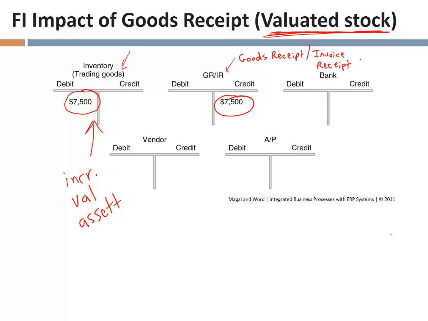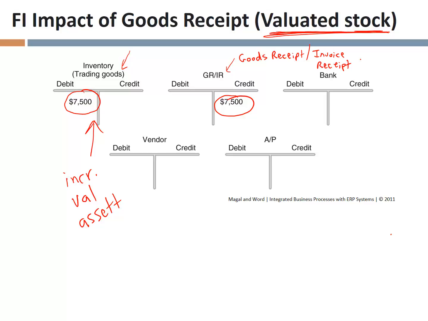Now, this GRIR account is an example of something that we talked about previously, which is a clearing account. This is picking up the fact that we just got in the materials. So if we ever see a credit balance on a GRIR account, we know that we've gotten in materials that we have not yet paid for.